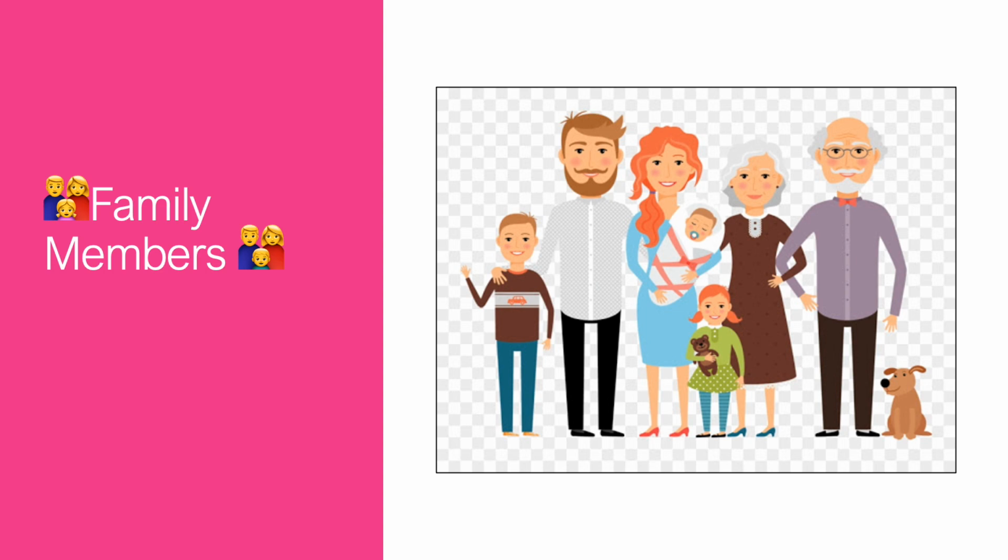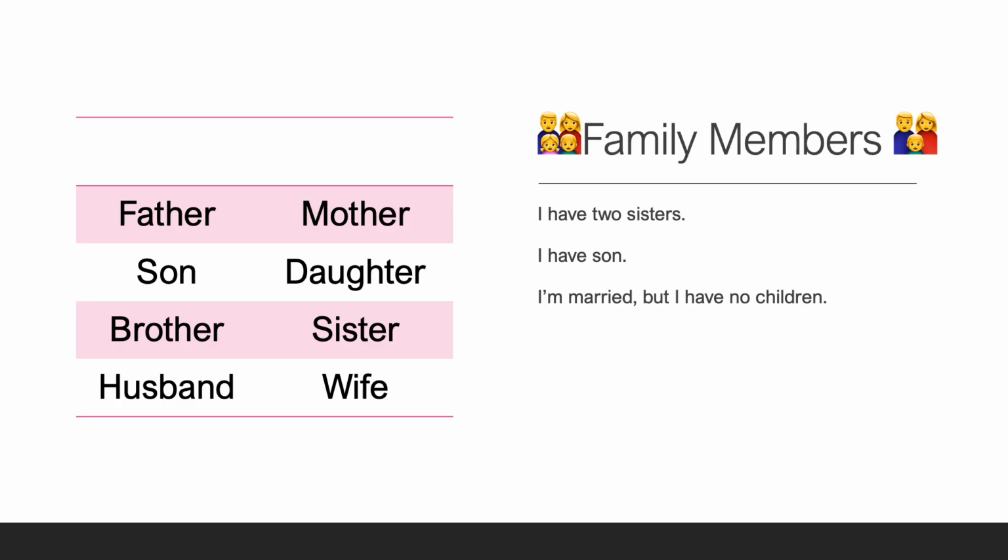Okay, now let's take a look at the words written here. In this table on the left, these are the words that we can mention for male or for men. Okay, so it could be a father in your family, he could be a son, a brother, and a husband.